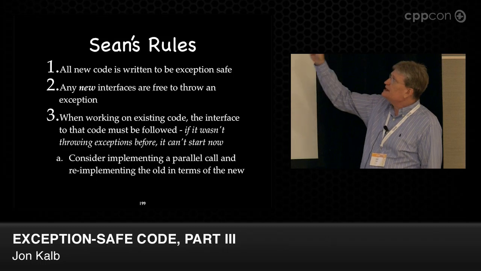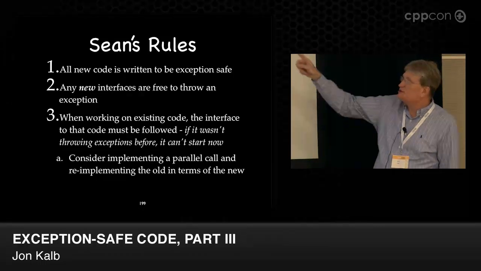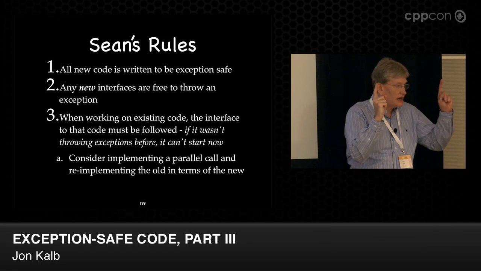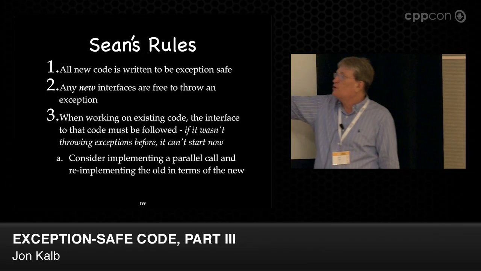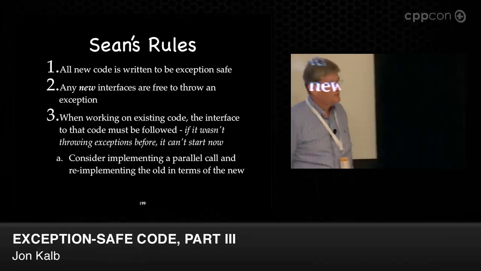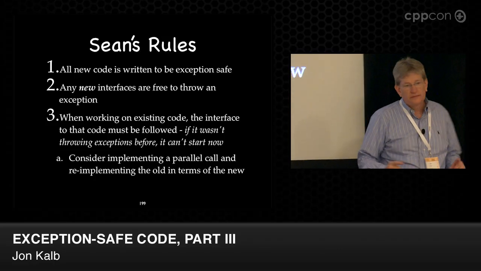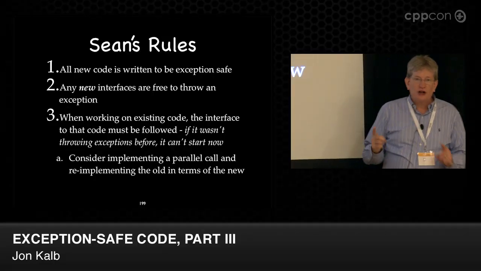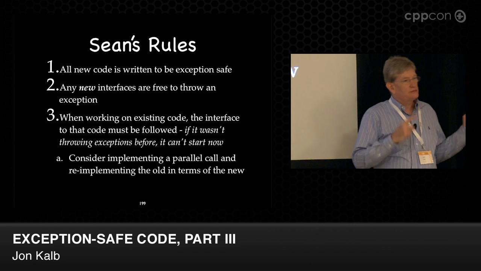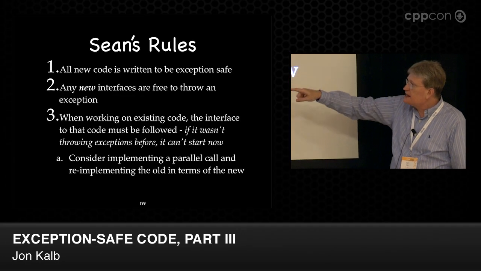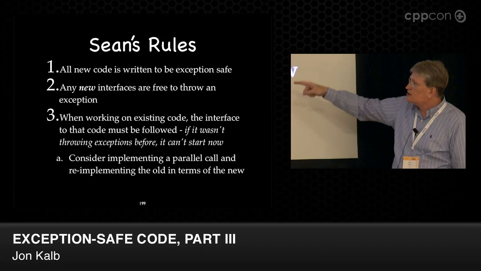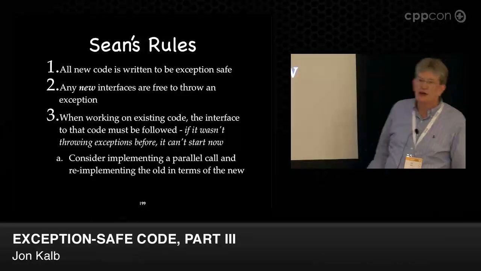However, when working on existing code, the interface to that code must be followed, because that's the contract, and we're not going to break the contract. So if it wasn't throwing exceptions before, it can't start now. That's the contract. So even though we prefer exceptions, we also prefer that existing code wasn't bad, and we don't live in that world. So 3A is consider implementing a parallel call and re-implementing the old in terms of the new.